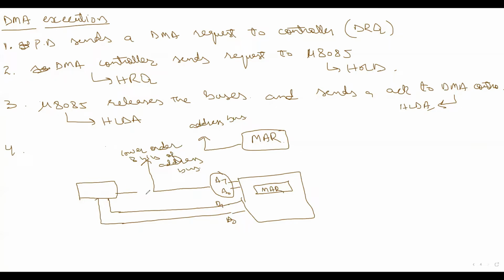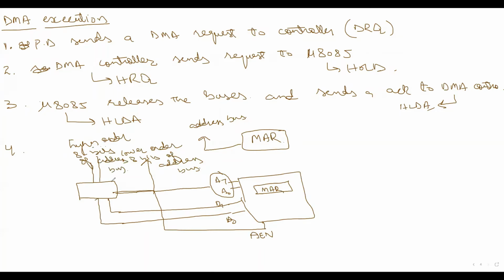Likewise, we will have a latch here, activated by another pin of the DMA controller, the address enable latch, AEN. So this pin will be activated, and these bits will contain the address, given on the higher order 8 bits of the address bus.